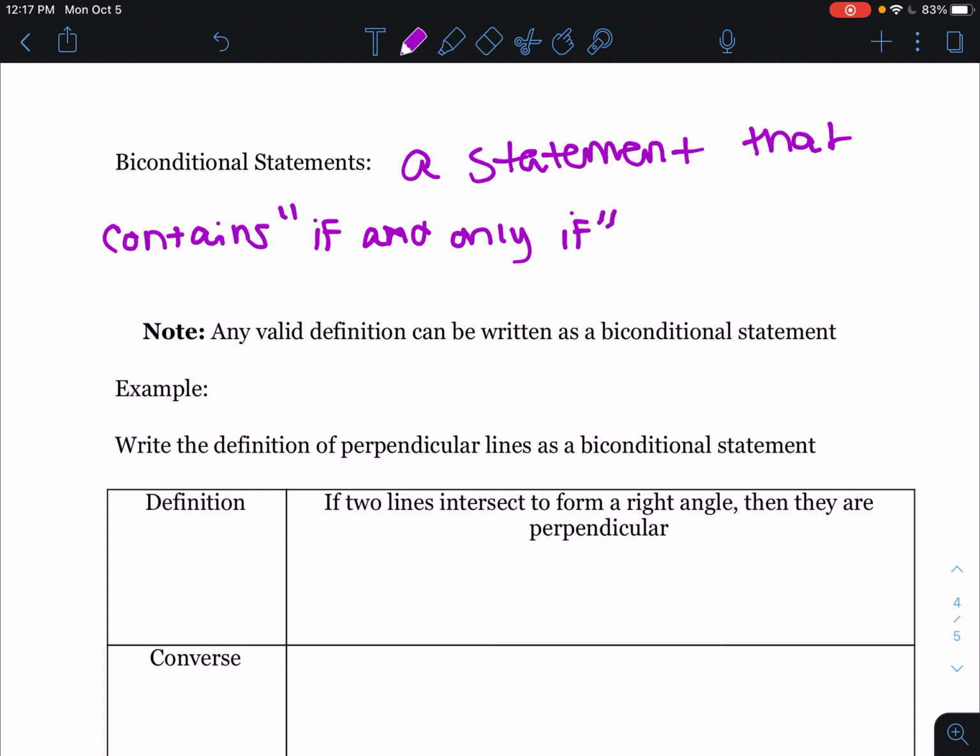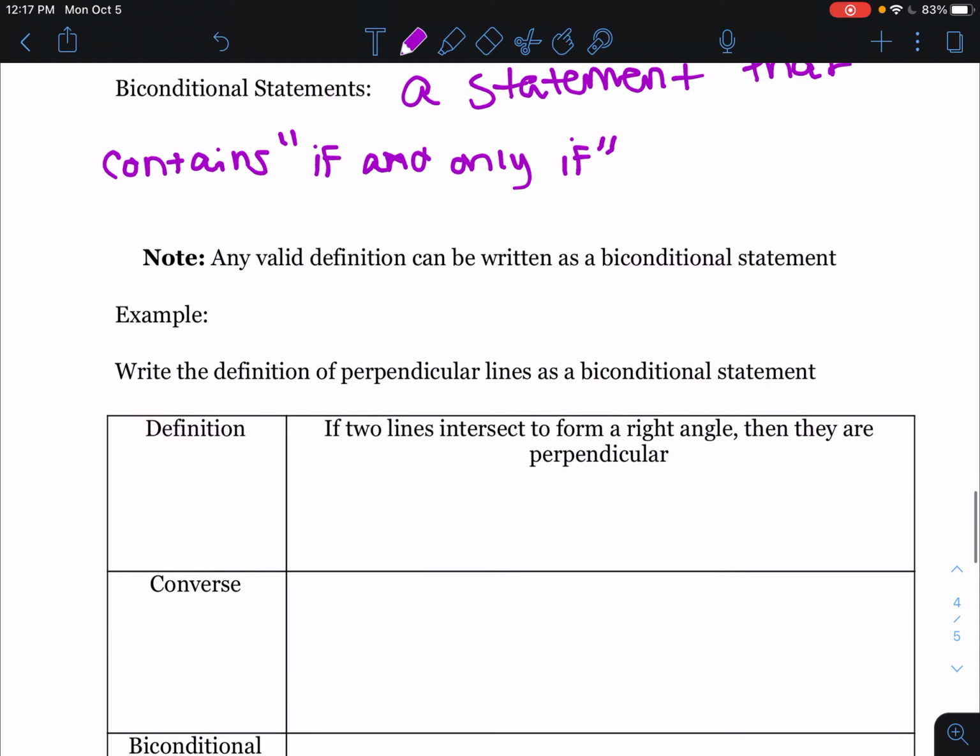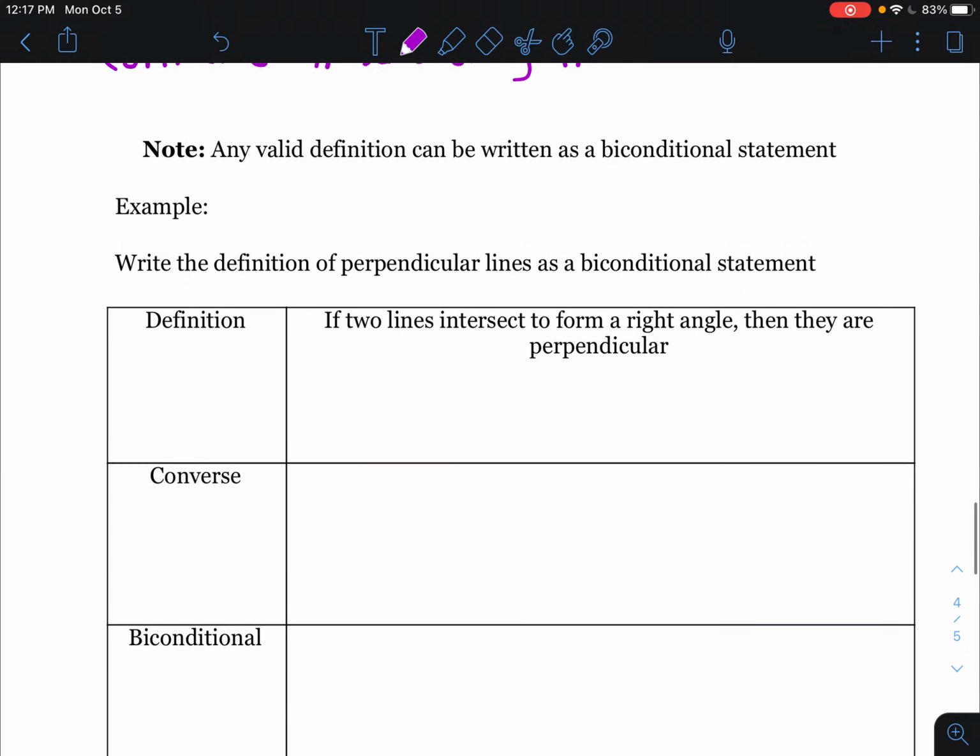If and only if. So this is a really special statement. Any valid definition can be written as a biconditional statement. So that means you need an if and only if. So let's talk about an example. Write the definition of perpendicular lines as a biconditional statement.